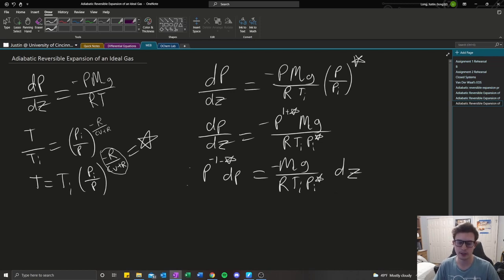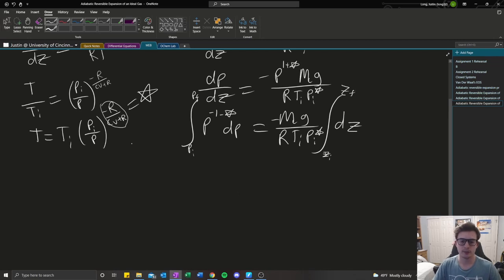Now we're going to take the integral of both of these. All of these we know in our equation, and then we need some bounds. Like before, we're going to use the initial and final pressure and then the initial and final positions.